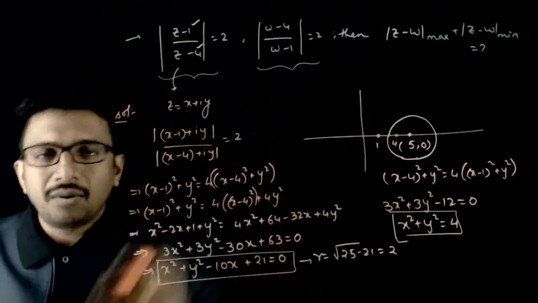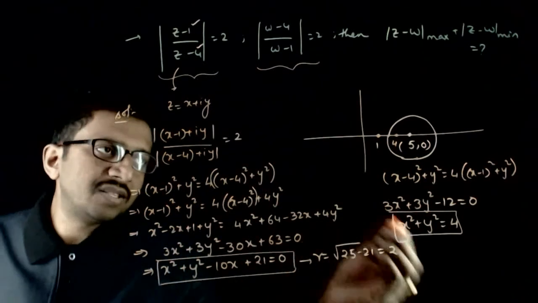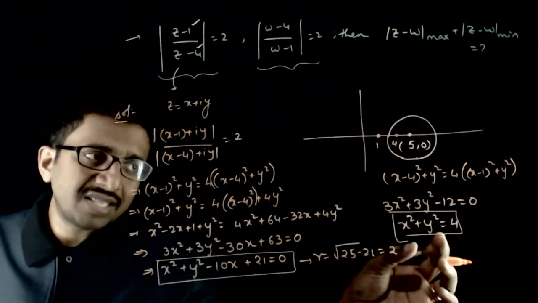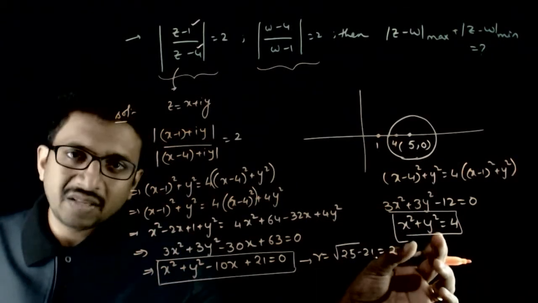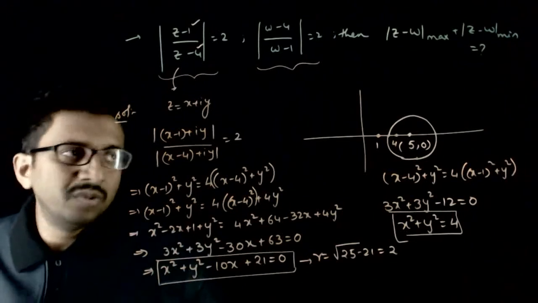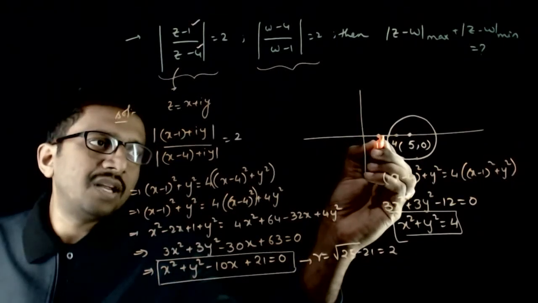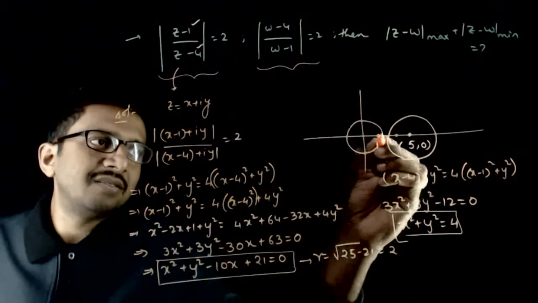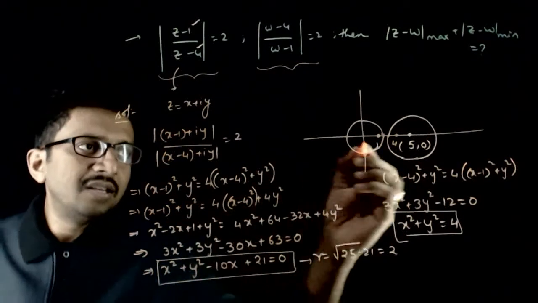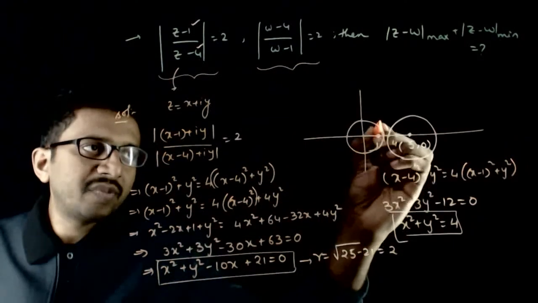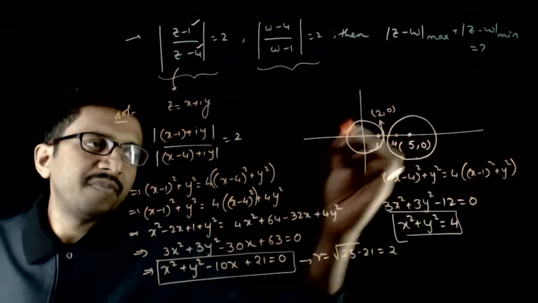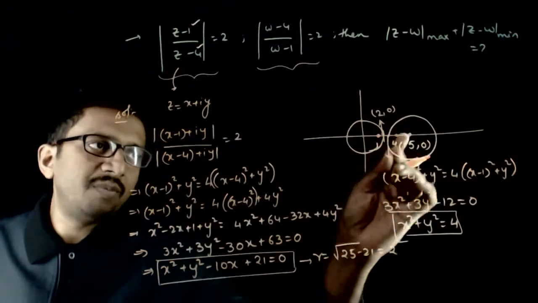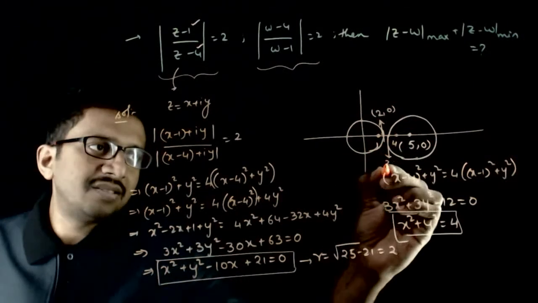So this is the second locus. How does it look? This is a circle with center at 0, 0 and radius equal to 2. It looks something like this, and they won't touch each other. Obviously, this is not to scale. So this extreme point will be 2, 0, and this extreme point will be 5 minus 2, that is 3, 0.